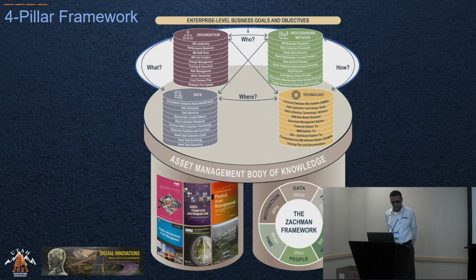So what we did, and this looks complicated, but back in the 90s we came up with a simplified version of Zachman, which has a lot on here that you won't be able to read. It's basically called the four-pillar methodology, and we used this to support GIS implementation in 24 DOTs.